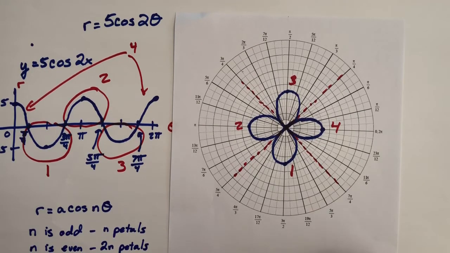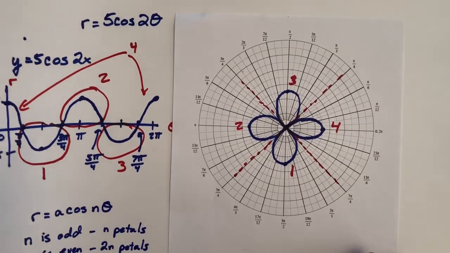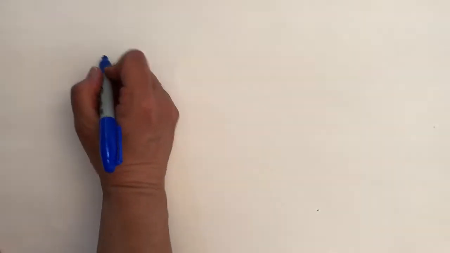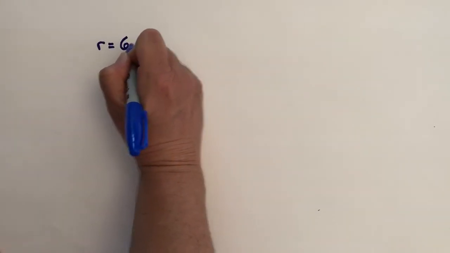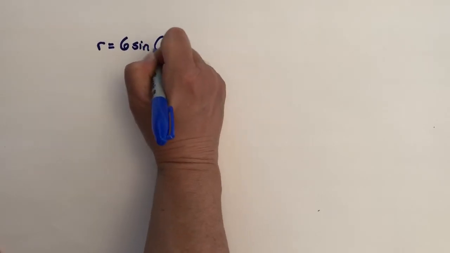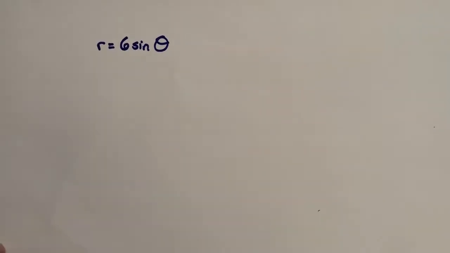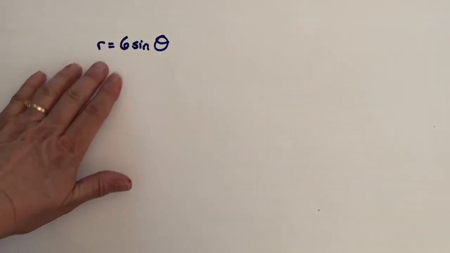Before we finish, I want to do one more graph with you. And we're going to do a problem that looks like this. r equals 6 sine theta. Now you could think of that as a rose curve with one petal.